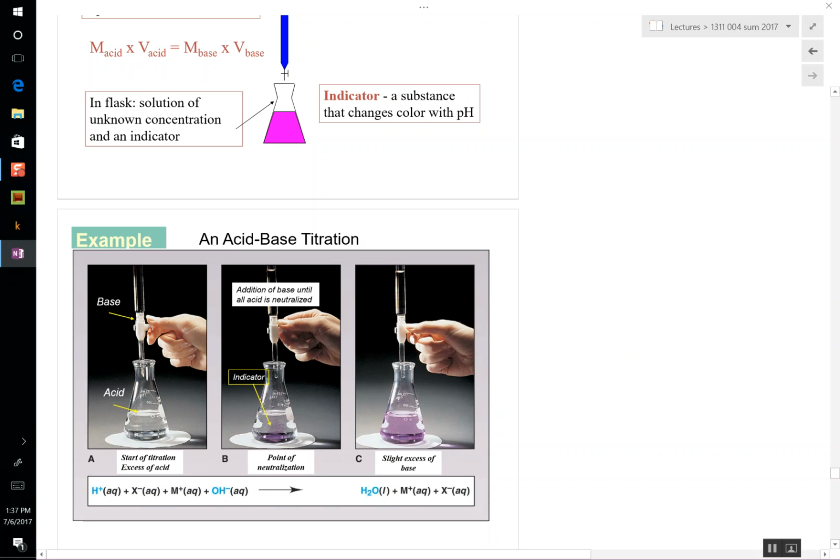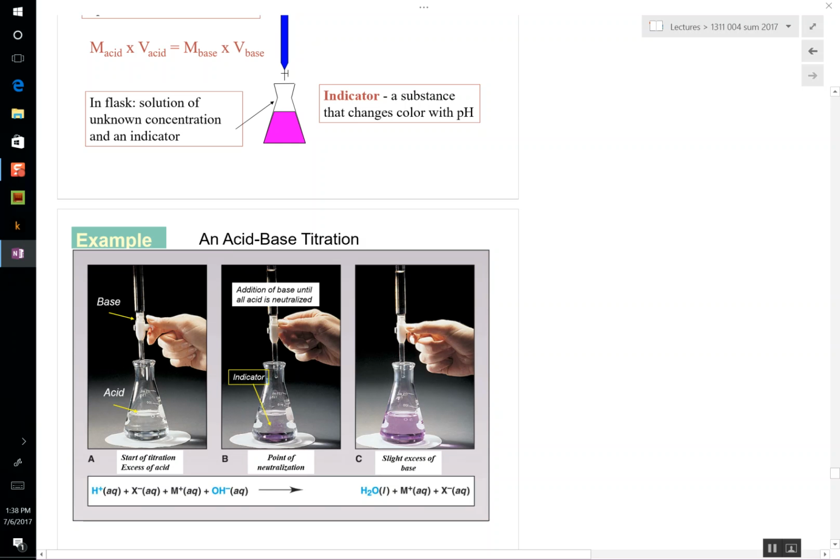We have sulfuric acid reacting with sodium hydroxide. 1 mole of this gives you 2 moles of this. Okay? So there needs to be a factor of 2 enter into your calculation.